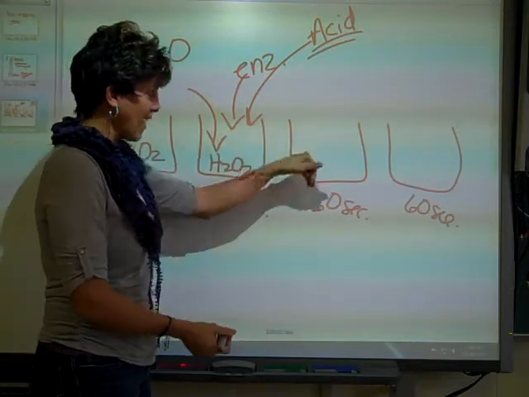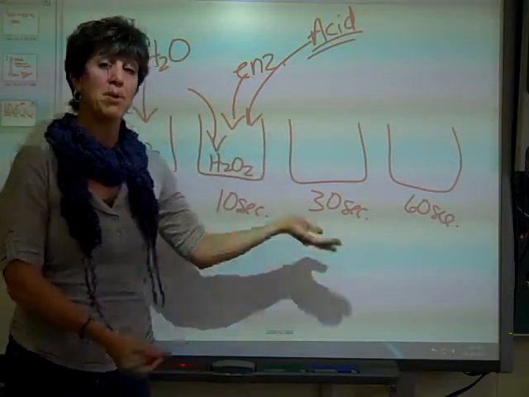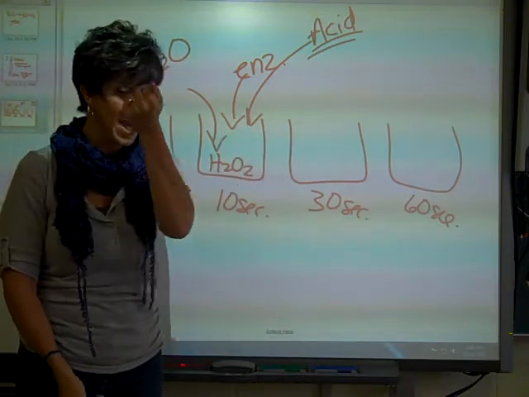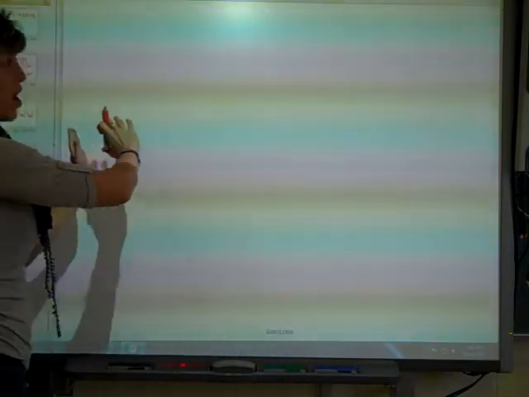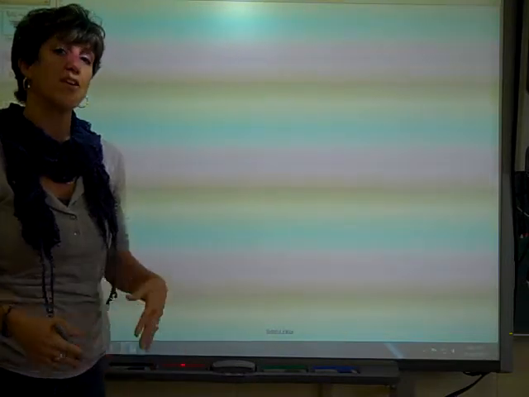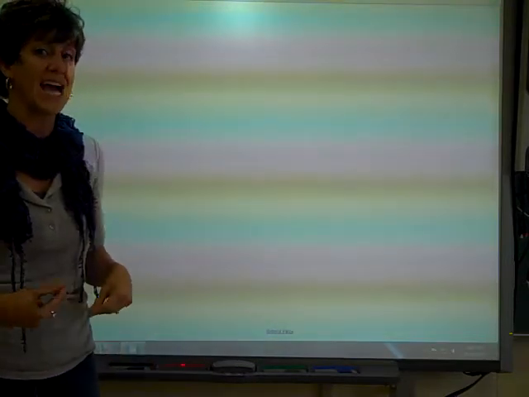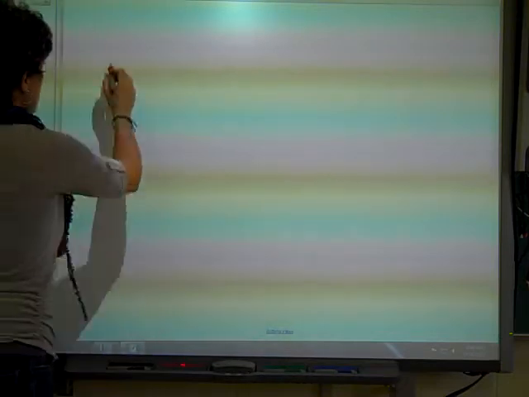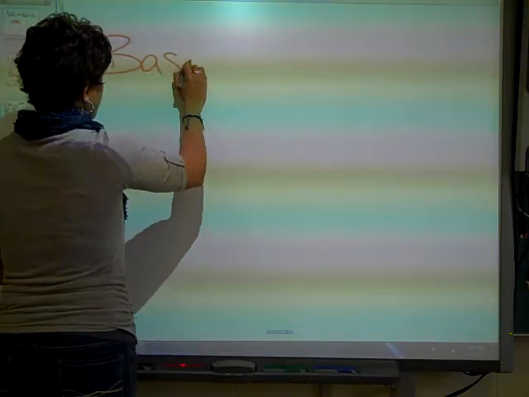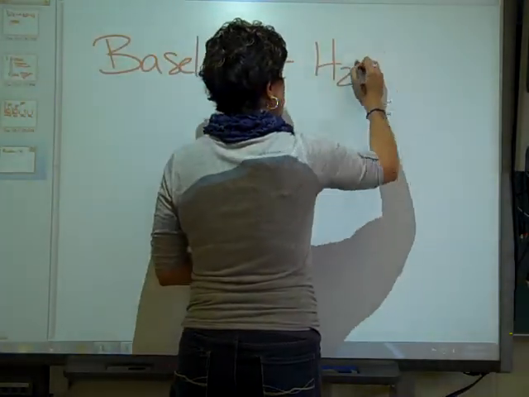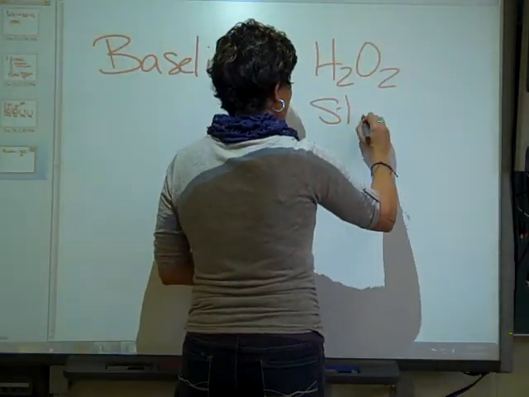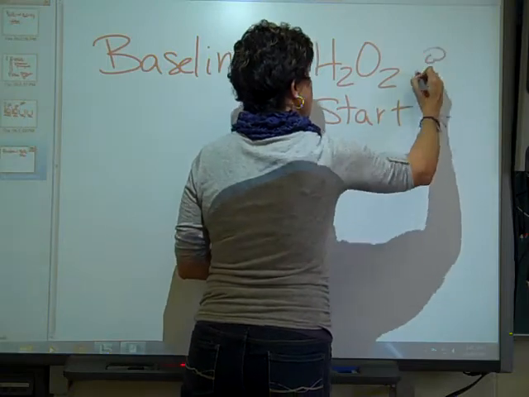So this one, I add the H2O2, I add the enzyme, but I let it work for 30 seconds. Add the acid, stop the reaction. So after a while, you're going to have all these containers, and you're going to want to figure out how much hydrogen peroxide did I actually use up. So you have to create for yourself a baseline. A baseline is going to tell you how much H2O2 you had at the start.